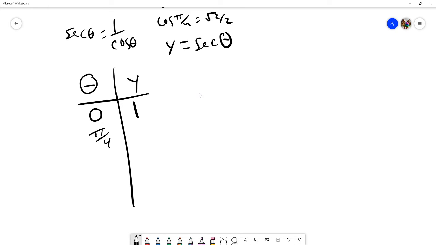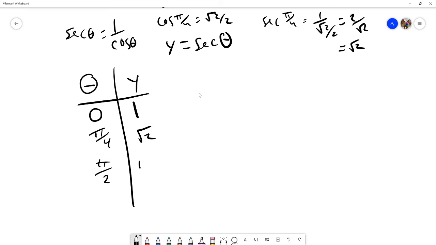So that means secant of pi over 4 is 1 over root 2 over 2, which is 2 over root 2, which we know is going to equal root 2. So this is square root 2. If I plug in a pi over 2, we run into a problem though, because cosine pi over 2 is 0. So 1 divided by 0, undefined.